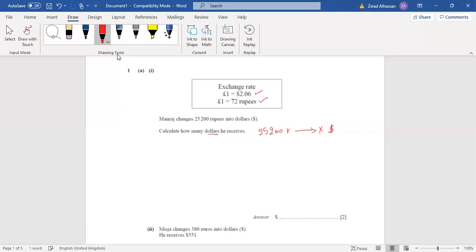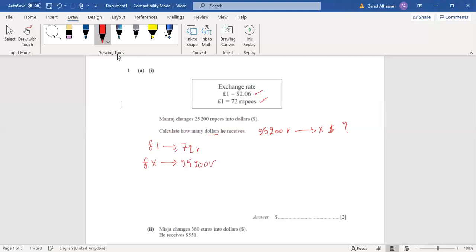As we can see, this is the wanted, but we don't have direct rupees into dollars. We have rupees to pound, then pound to dollars. So let's start. So £1 is 72 rupees. So how much pounds are there for 25,200 rupees?